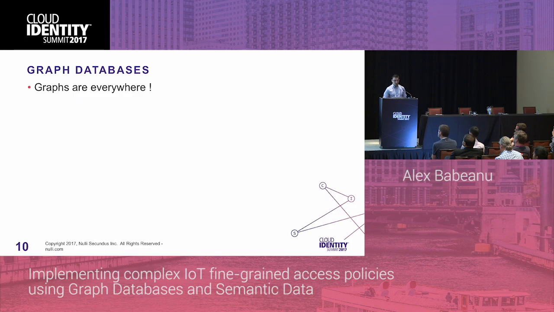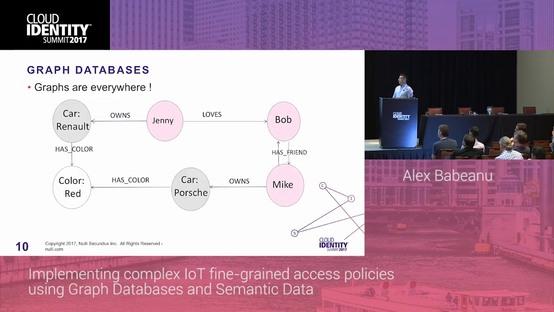Here's an example. Let's take this little graph, and we have three people, Jenny, Bob, and Mike. Jenny loves Bob, and Bob has a friend, Mike. Jenny has a car, a Renault, and Mike has a car, a Porsche, and they're both red cars. So this is a pretty simple representation of something that exists in the real world.